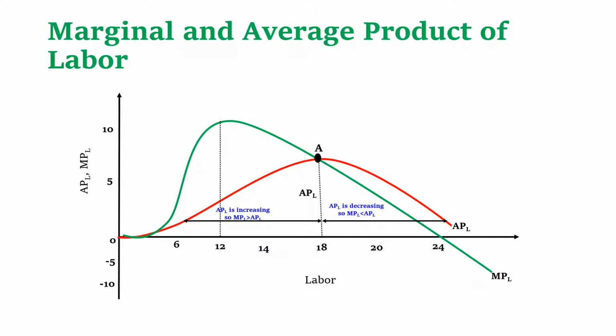So the marginal product curve cuts the x-axis at L equals 24. At L equals 24, the marginal product is equal to 0.